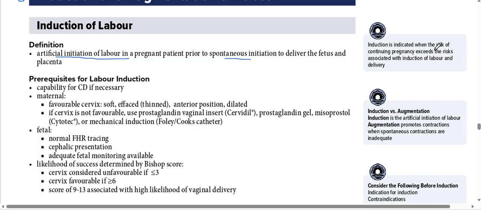Induction is indicated when the risk of continuing pregnancy exceeds the risks associated with induction of labor and delivery. So, if there's a risk to the fetus and we want to deliver the fetus and placenta, we use an artificial method to start labor, and that is called induction.